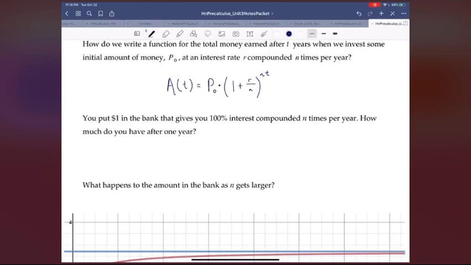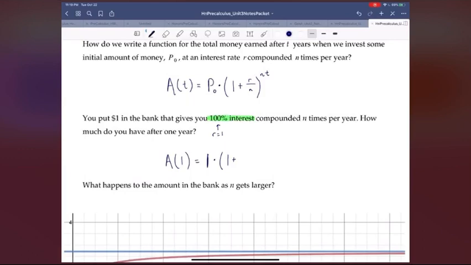So this is going to be A of 1 is equal to, since we're figuring out what we have after a year, A of 1 equals 1, because we're starting with $1, multiplied by 1 plus, and because we have 100% interest as a decimal, r is equal to 1.